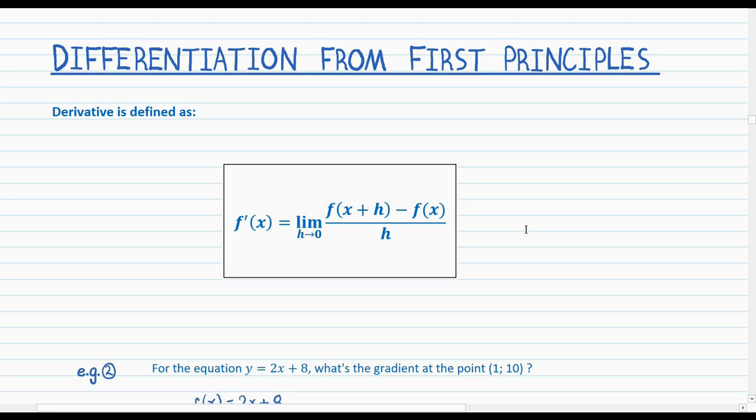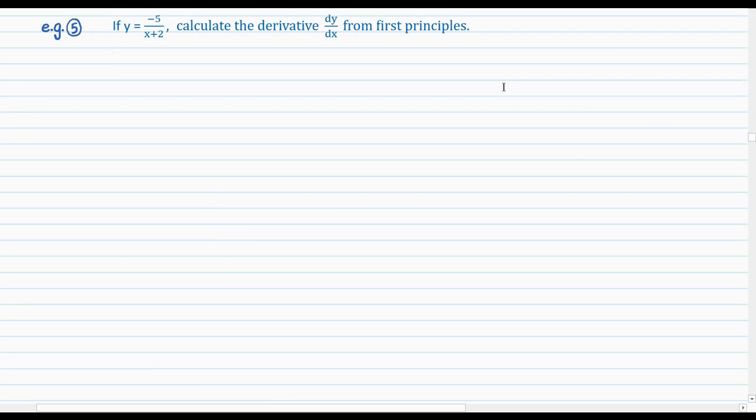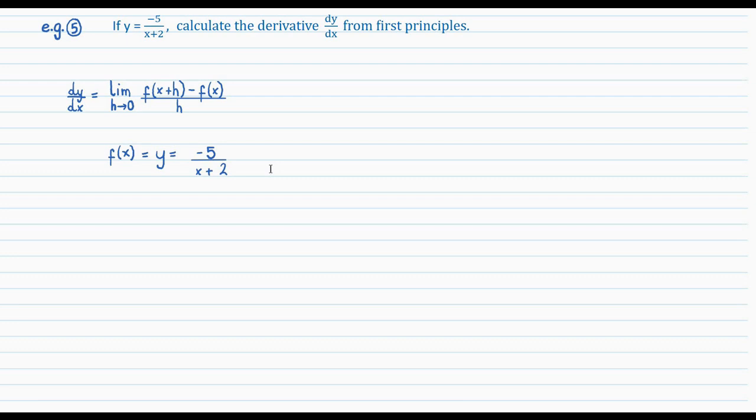Coming back to the example, we need to find the derivative of y equals minus 5 over x plus 2. So dy over dx would be equal to the derivative equation. f(x) is just y, which is minus 5 over x plus 2. Then f(x plus h) is equal to minus 5 over x plus h plus 2.